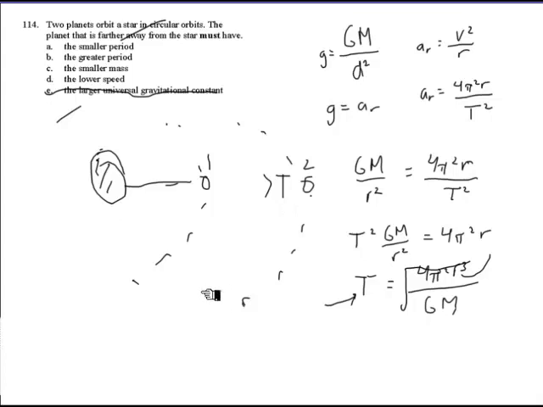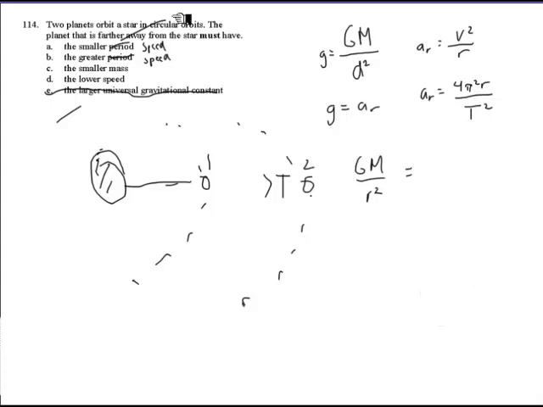Okay? An easy way, I'm not saying that I would, but an easy way that I could change this problem is change period to speed. How would you do that? Just go back to the same starting point. Instead of using this, you can say v squared over r, do the same little bit of algebra, and now I ask the same question.